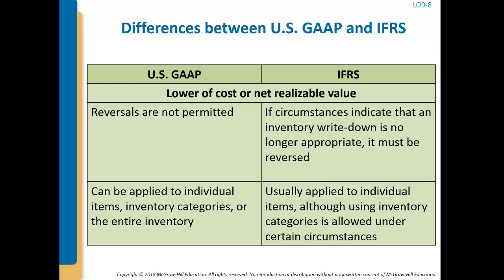Second, under GAAP, the lower of cost or net realizable value can be applied to individual items, to inventory categories, or the entire inventory. But under the international standard, the assessment usually is applied to individual items, although using inventory categories can be allowed in certain situations.